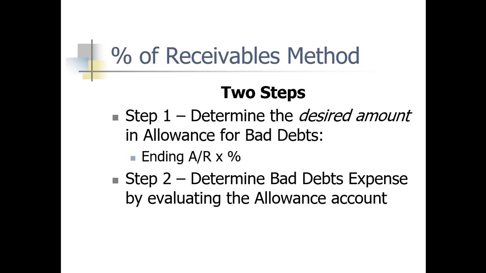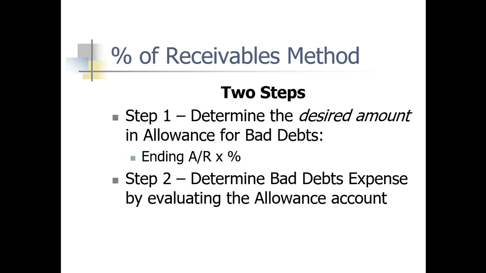You might be asking yourself, how could there already be a balance in allowance for bad debts? Well, remember, allowance for bad debts just represents an amount we thought we weren't going to get from that previous period. So if the amount that we actually didn't get in the next period wasn't exactly that amount, that means there's still a balance in the allowance account. That balance could be a debit balance.